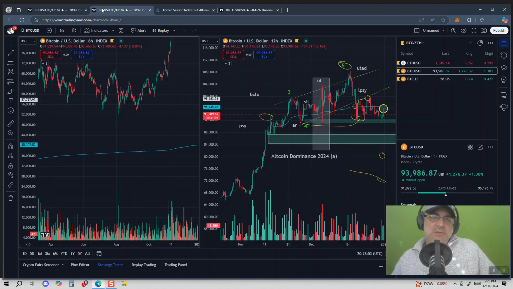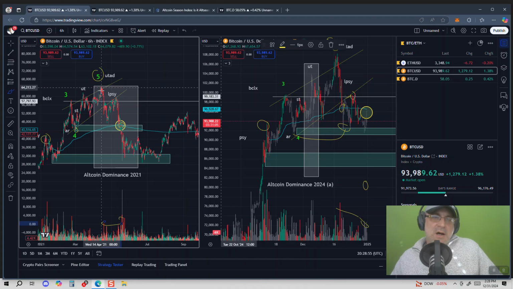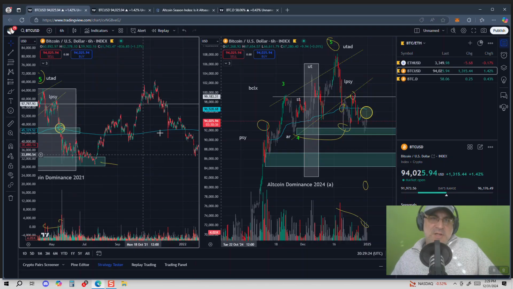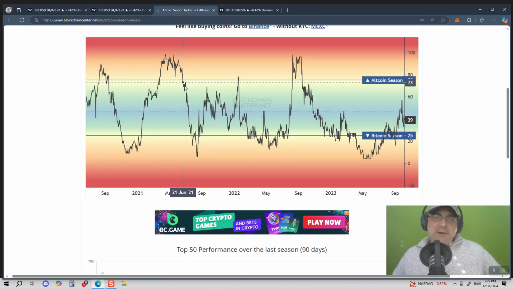If we go back to here to the UT, it happened in 2021 between the UT, and it lasted all the way through the LPSY when Bitcoin lost its dominance severely and fell macro until the reconsolidation bottom of this area, and it didn't actually end until halfway through this accumulation range where Bitcoin again started to gain its dominance in preparation of marking up, like we see here what happened, how it marked up again, and it formed another top, and it actually exceeded the all-time high. It made a new all-time high. That was this area here.